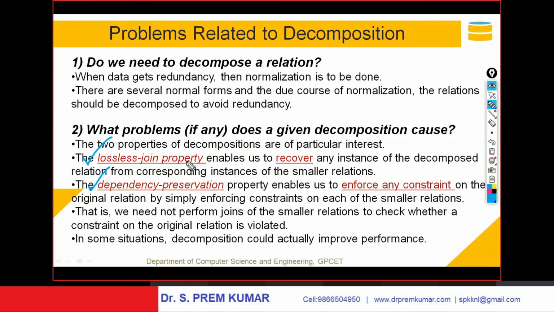Again, when you club the tables into a single unit, you should get back the original data. A big table is being divided into table 1, table 2, table 3. Three parts I divided that big table into smaller tables. Now, if I club table 1, table 2, table 3, I should get back my original table.